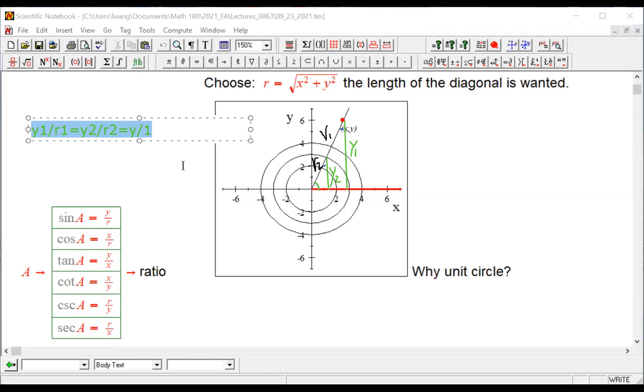For that reason, we decide to use unit circle because unit circle will significantly reduce our calculation. Because all of these triangles are similar, that's why we use unit circle. Doesn't matter where you choose the point, the ratios are always going to be the same.